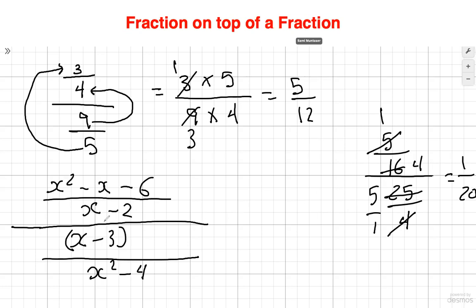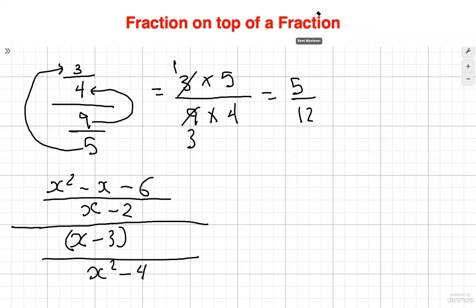So just to show you that, I'm going to apply it here. So this here, I'm going to start factoring the top, x minus 3, x plus 2, because two numbers that multiply to give you -6 and add to give you -1 are -3 and 2, all over x minus 2.